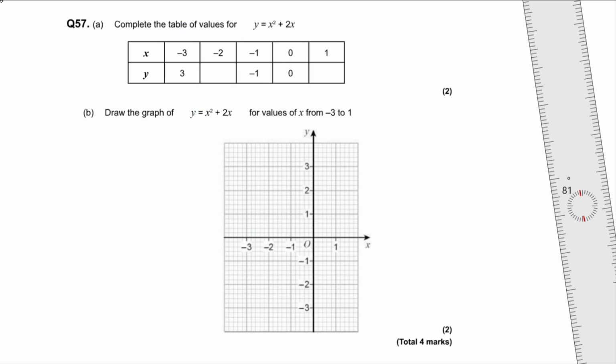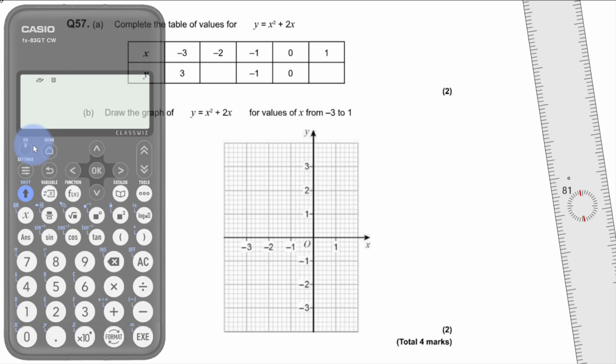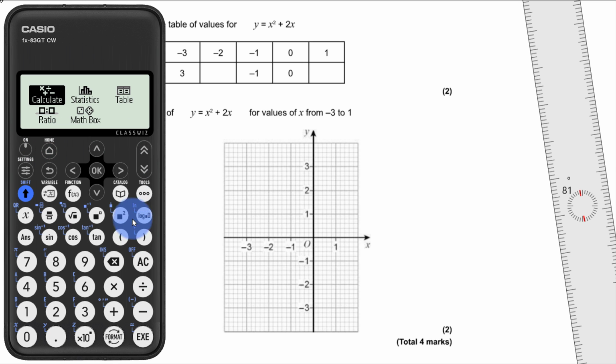Right. Again, I'm going to be using the table function to complete this quadratic curve. So I'm going to go into the table mode on my calculator. I'm going to hit the option key and enter the function x squared plus 2x into f of x.